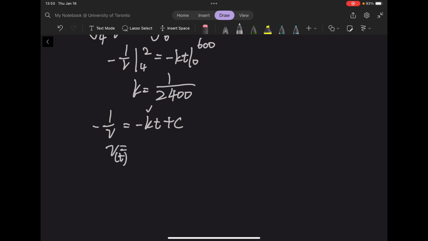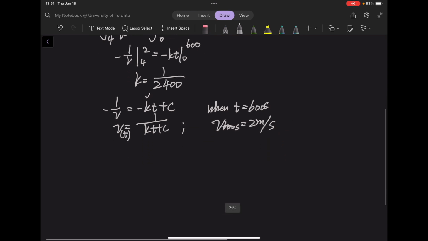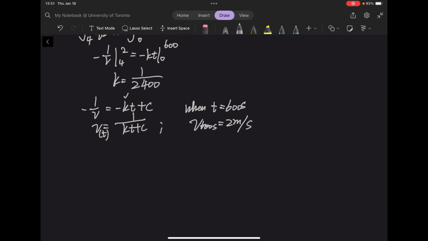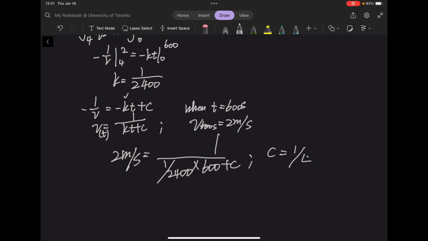1/v is equal to kt plus c. There's another boundary condition, which is when t is equal to 600 seconds, v is equal to 2 meters per second. So we put it in. We got c is equal to 1/4.